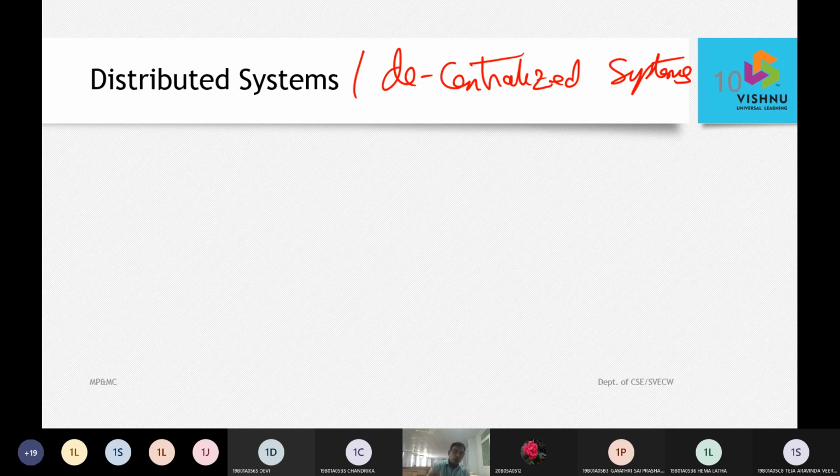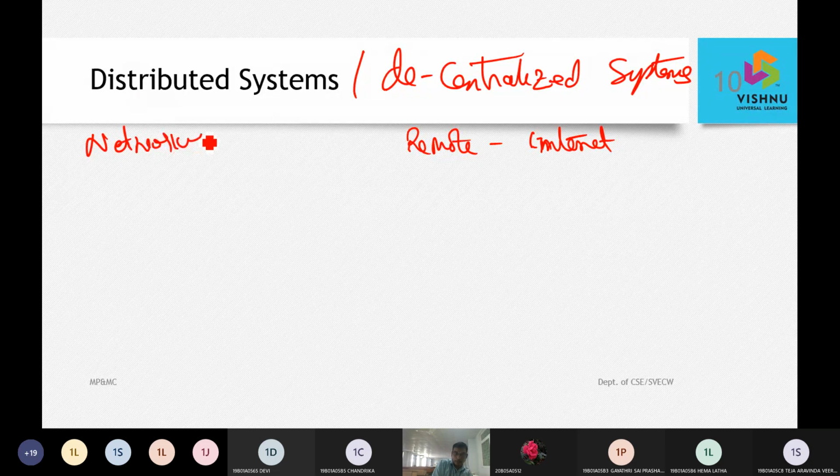At any remote location, using the internet, we are able to purchase tickets. How is this possible? It is possible with networking.